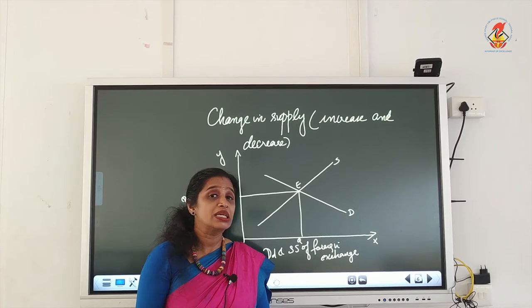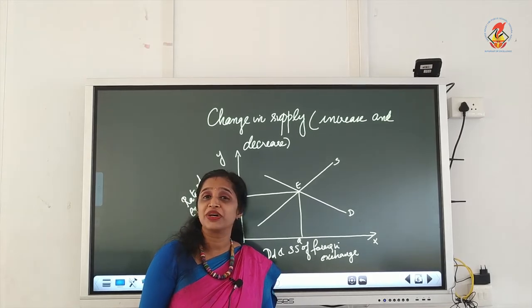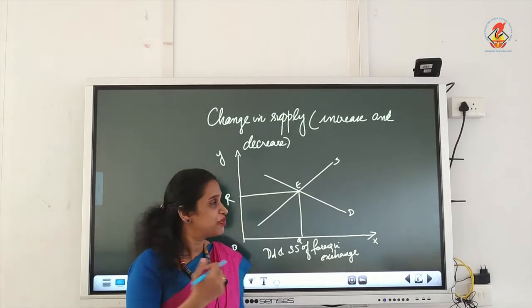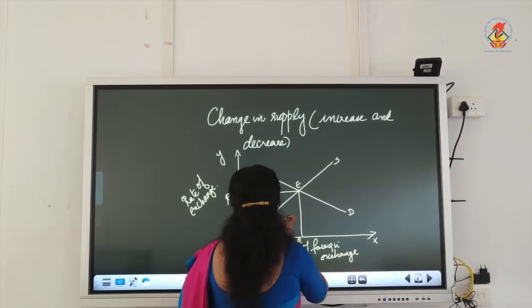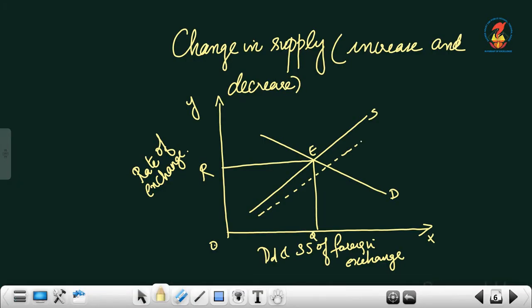An increase in the supply will be represented by the rightward shift of the supply curve. So if it is a rightward shift of the supply curve, what will happen? You can find the exchange rate has come down to R1.